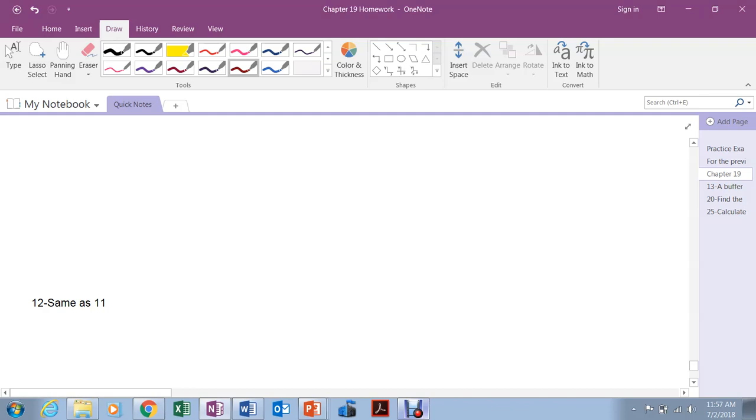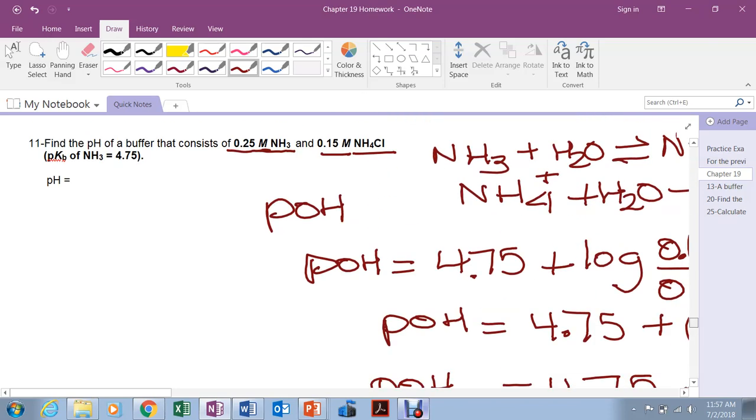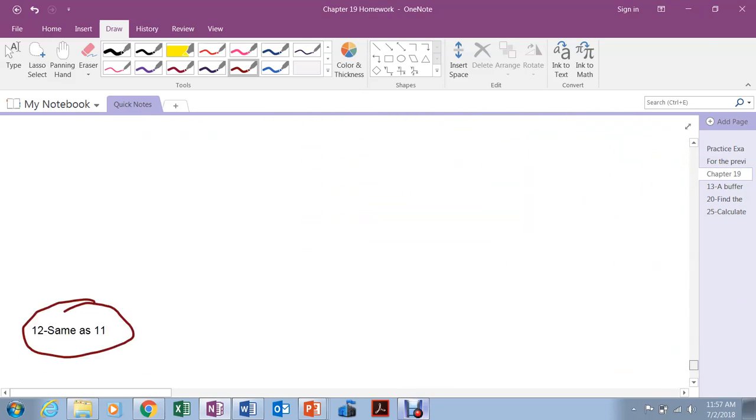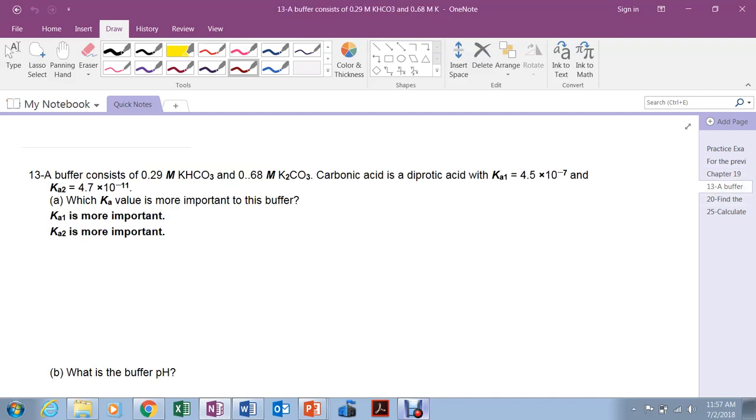12 would be the same as 11. It's finding the POH with the base, the same as we did it. Finding the POH and then finding the pH by subtracting from 14. So then let's go with the 13. Okay, this 13 is a little bit more of a pain.